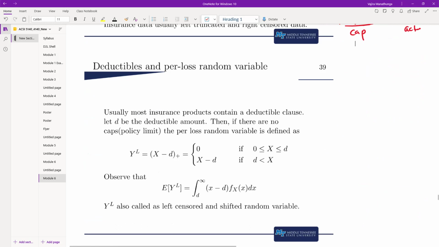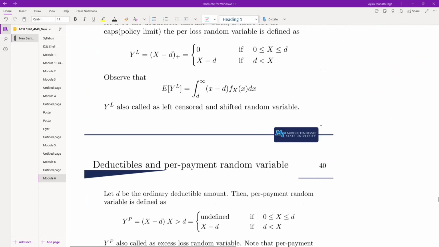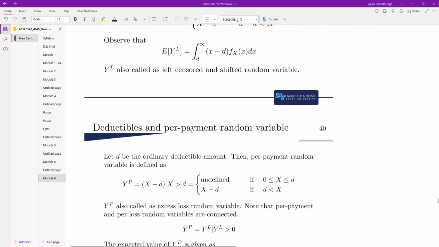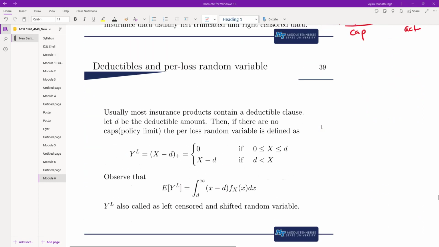So here you can see two random variables we want to define. One is called the per payment, which is in the next slide, and the other one is per loss. The per loss random variable is sometimes called left censored and shifted variable.